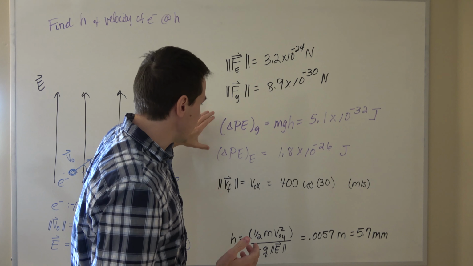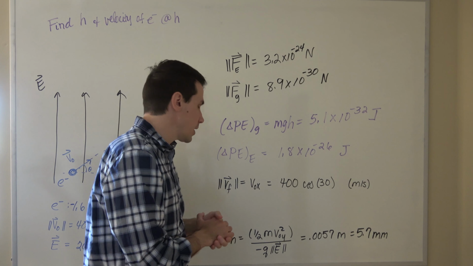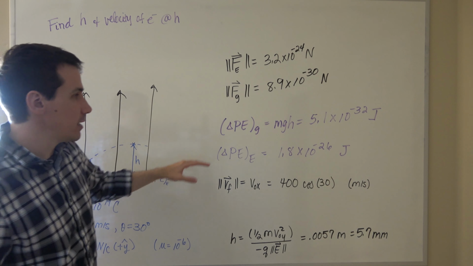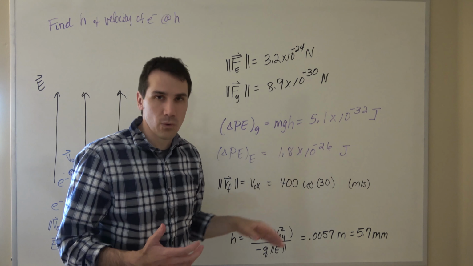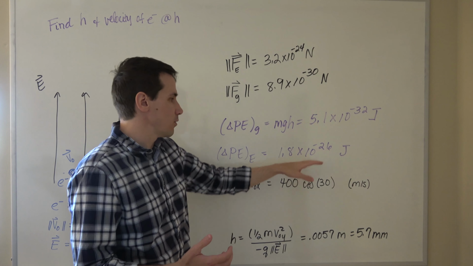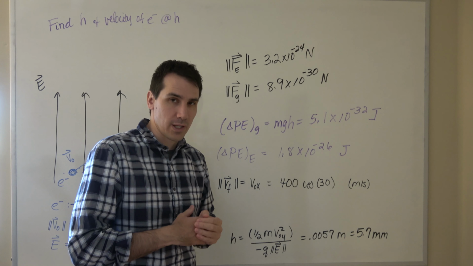Likewise, when we calculate the change in the gravitational potential energy and the change in the electric potential energy, as it rises to its max height, we find that the change in the gravitational potential energy is 6 orders of magnitude smaller, 10 to the negative 32 versus 10 to the negative 26 for the electric potential energy.